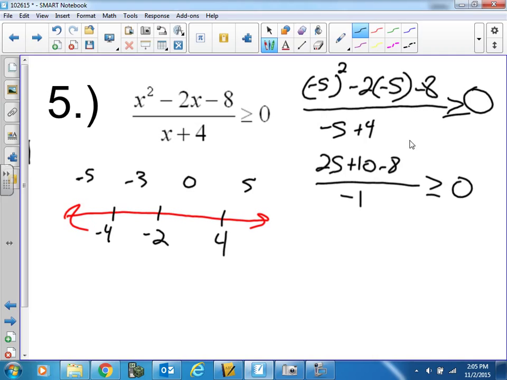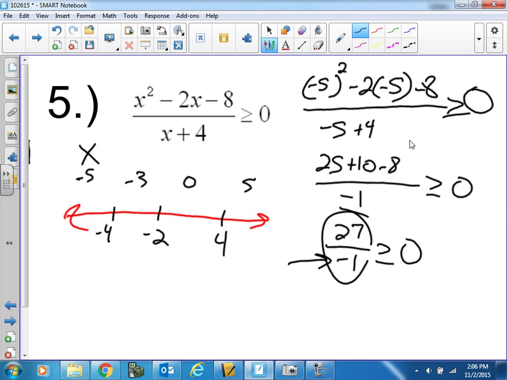And on top, we end up with 25 plus 10 minus 8. So that's 35 minus 8, 27, I believe. Check my work. Is that greater than or equal to 0? Well, if one of them is negative, which this is, that makes the entire thing negative, which means it cannot be greater than or equal to 0. So our negative 5 does not work.